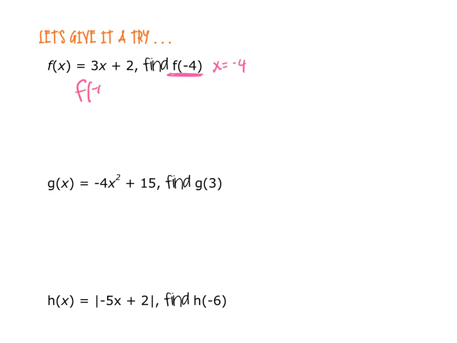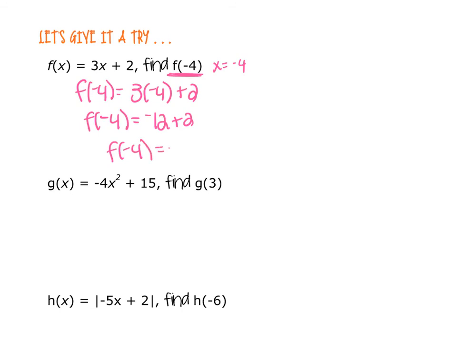So I substitute in the negative 4 for x, and then I use order of operations to simplify. 3 times negative 4 is negative 12. Negative 12 plus 2 is negative 10. So f of negative 4 is negative 10.